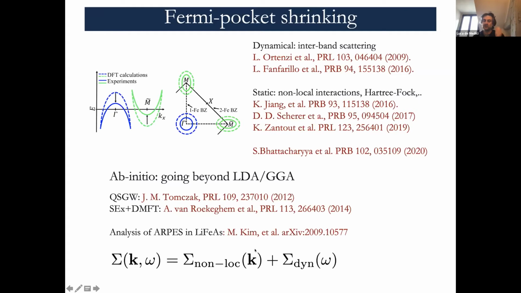So what we would like to show is that by doing the non-trivial decoupling of dynamical interactions, which depend on omega but not on k, once you have the right non-local static Hamiltonian, this yields good agreement with experiments.